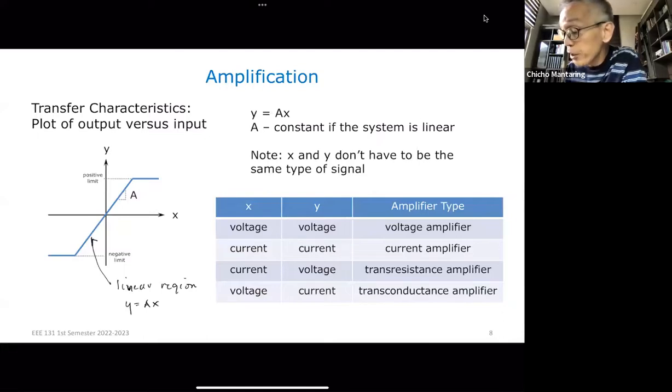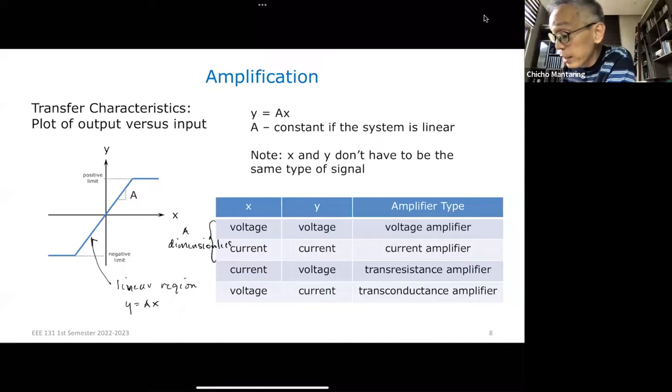When you have voltage, you call that a voltage amplifier. When you have current, you call that a current amplifier. And for these two cases, your A is dimensionless. A has no dimension, because it's volts over volts or amperes over amperes.